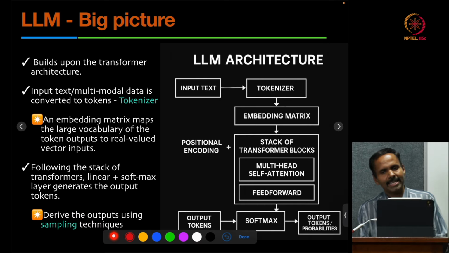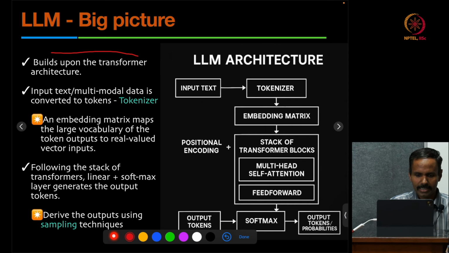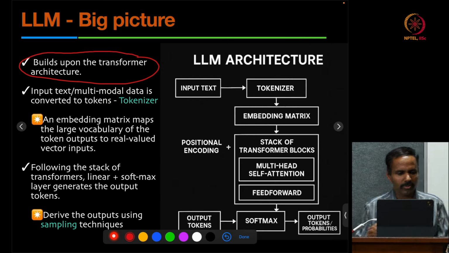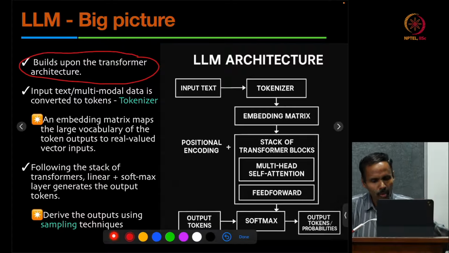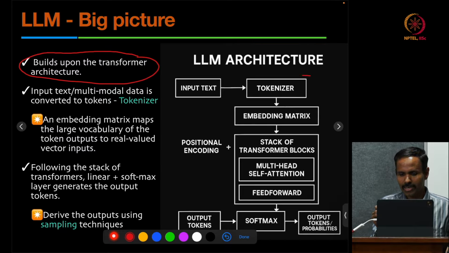Now let's dig a little deeper, right? So again, a little bit more zoomed in version. What we already covered in the previous session is again listed here. This is primarily the transformer architecture. But what goes into the transformer architecture, as you can see here, is a set of blocks.